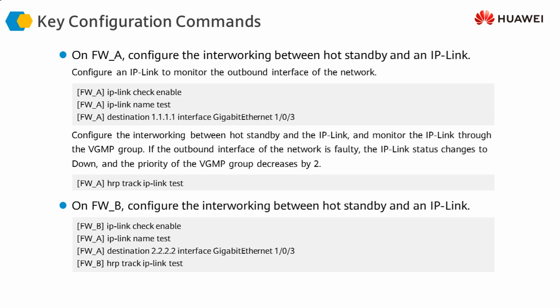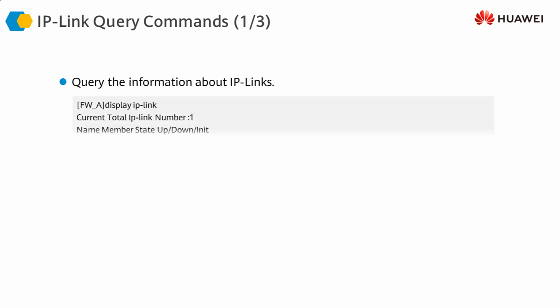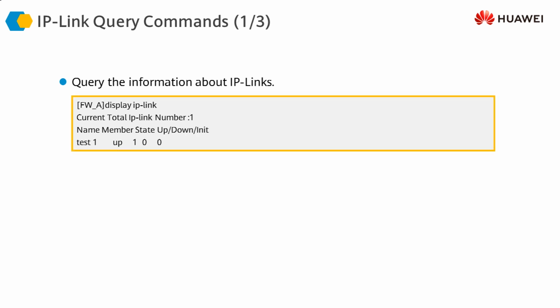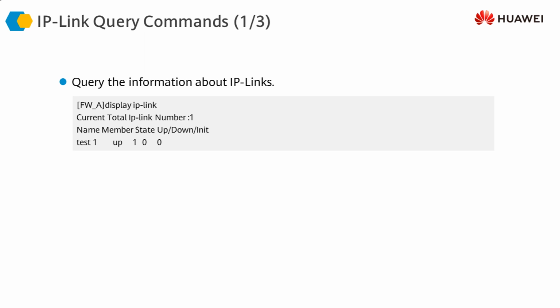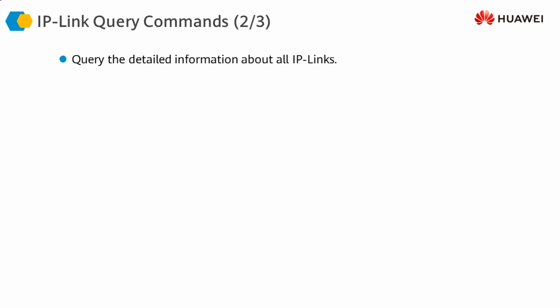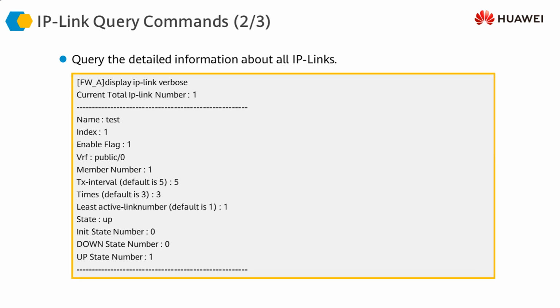And if you want to test this configuration, if you want to look at the status of the IP link, you can give the display ip-link command and it will tell you how many IP links we have on the firewall and what the status of each IP link is. And if you want to look at the details of this configuration, you can issue the display ip-link verbose command.